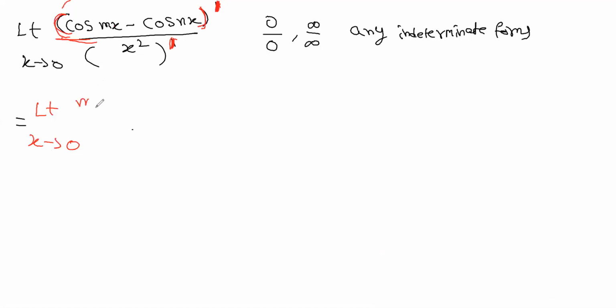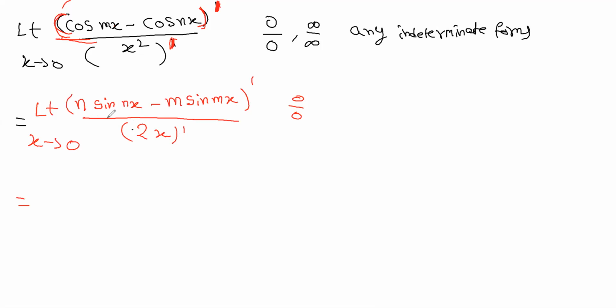So directly it is n sin nx minus m sin mx. This is the derivative of the numerator, divided by the derivative of the denominator, 2x. Now substitute 0. Again it is of the 0 by 0 form. Then again do the differentiation.